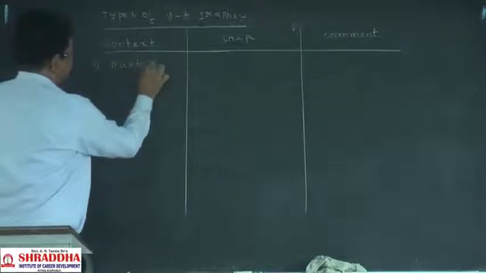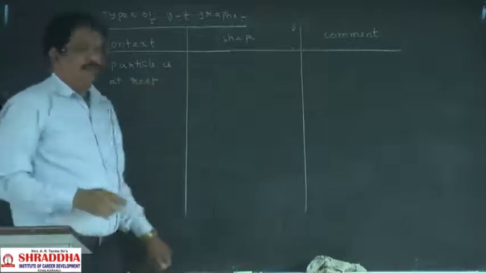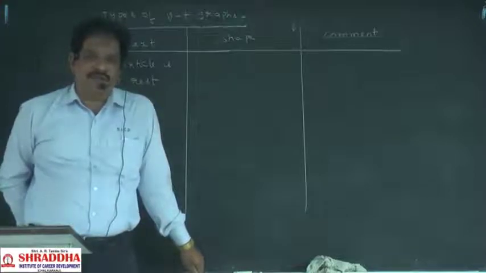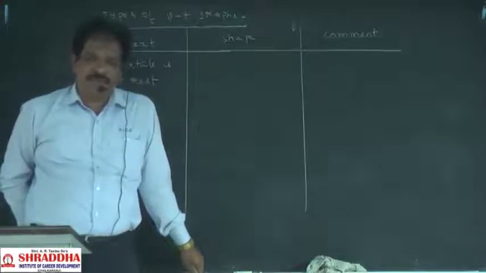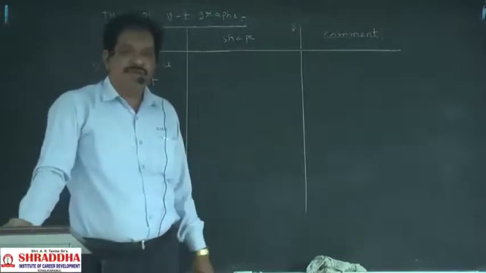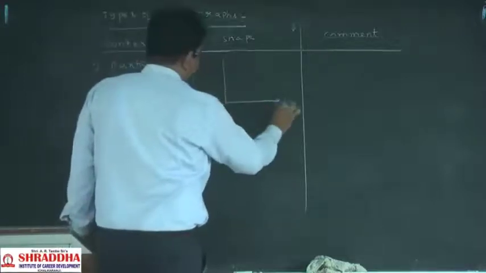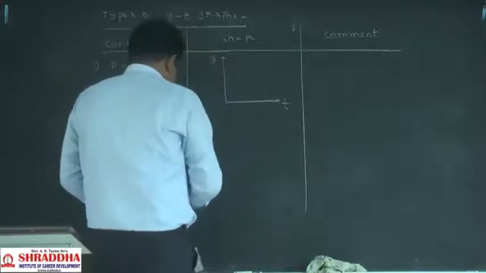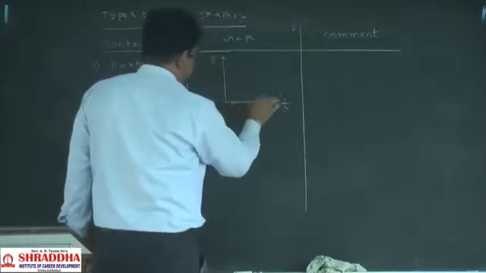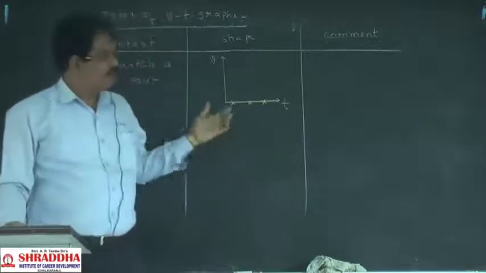So first one, particle is at rest. Particle is at rest means what will happen? What is the velocity of the body? Zero. Velocity of the body is zero, so with time its value is not changing. If we draw a graph between velocity and time, the shape of the graph will be like this. Means with time, velocity is zero, it is not changing.